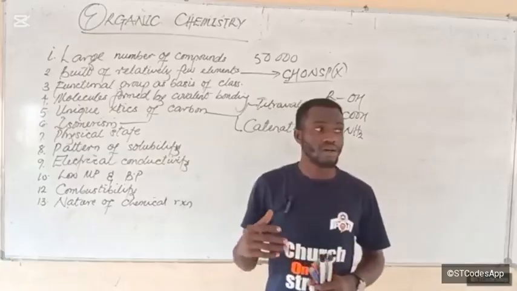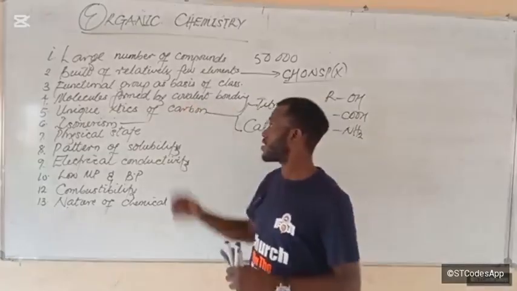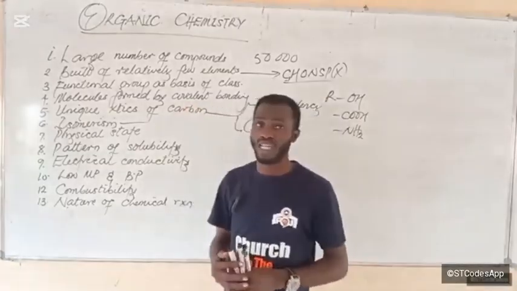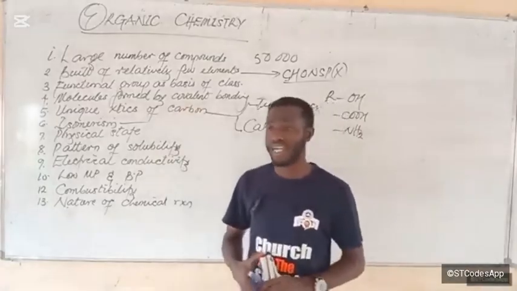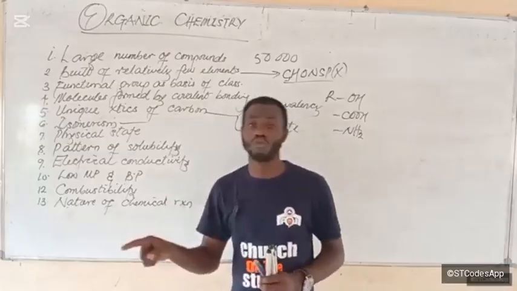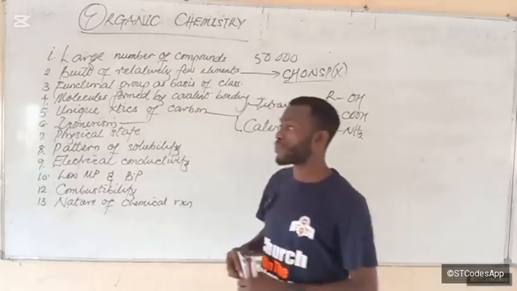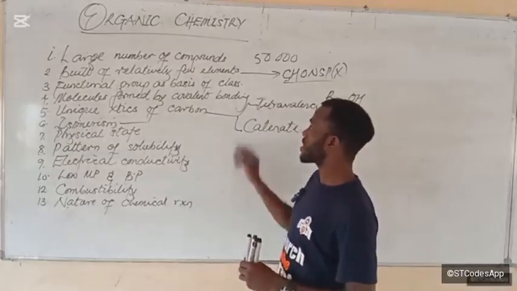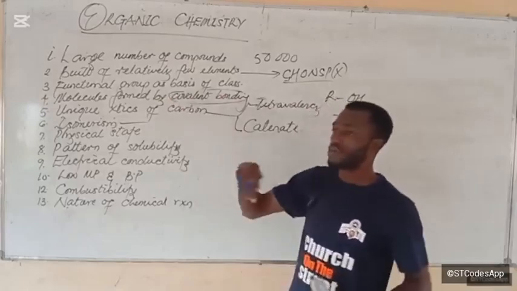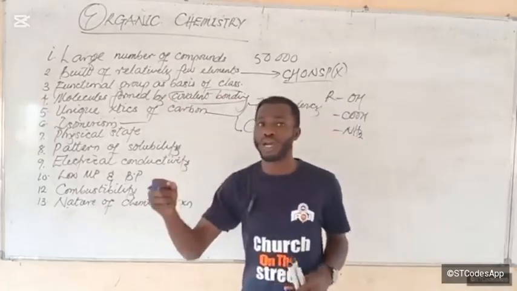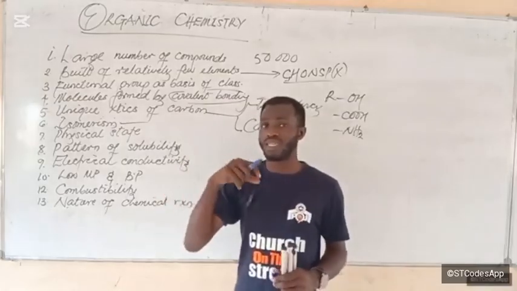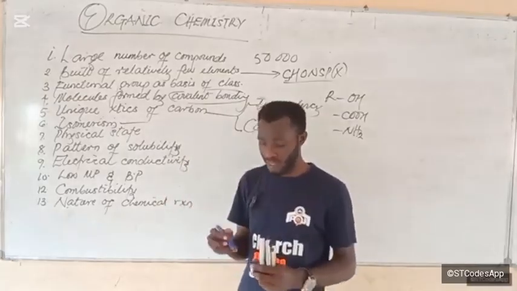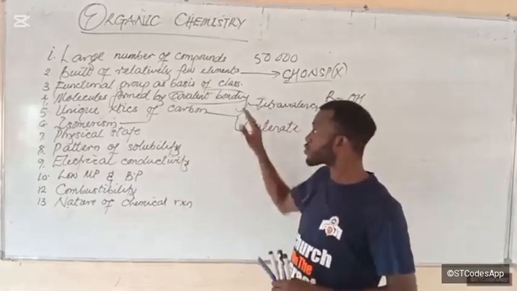Usually, compounds that are formed by covalent bonding are insoluble in water or in polar solvents, because this bond is mostly non-polar. Exactly. It doesn't mean that there is no polarity in covalent bonding, but it is mostly non-polar.